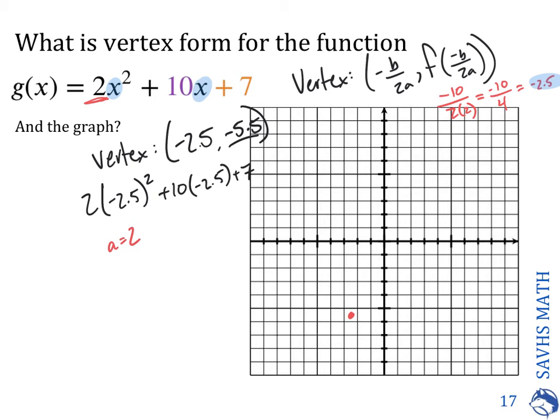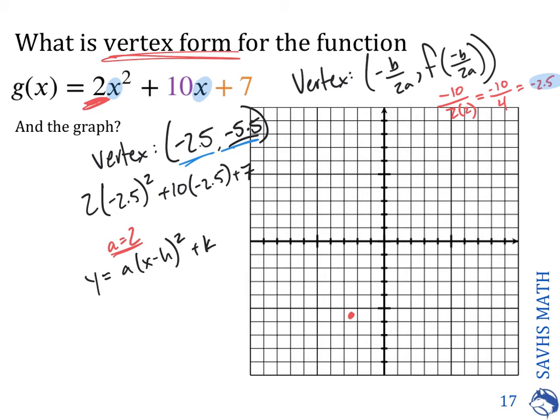Okay, now our scale factor is 2. So I'm going to stop right here and rewrite in vertex form. I'm going to write y equals a times x minus h squared plus k. Okay, so I have my vertex, I have h and k, this is h and this is k. My scale factor a is 2 because it's the same as this 2 right here.